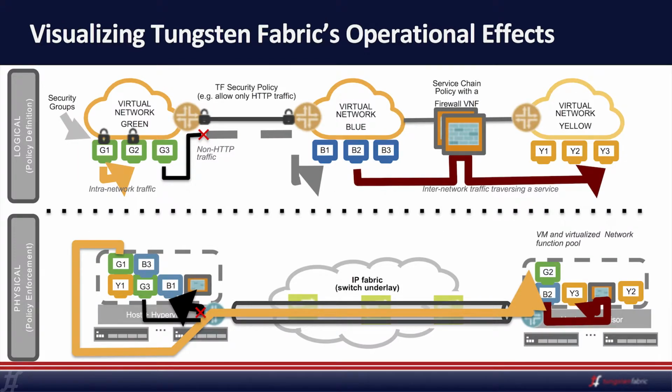So for those of you who are not familiar with Tungsten Fabric, I figured I'd do just a brief update of what it is that we do and how it actually delivers value. First of all, we've traditionally been a hypervisor-based SDN solution. We're now a hypervisor, container host, and public cloud-based SDN solution.